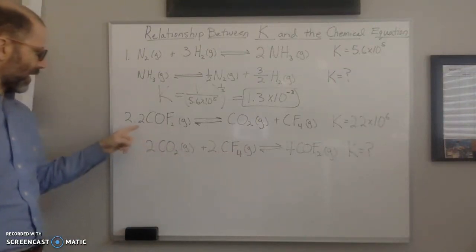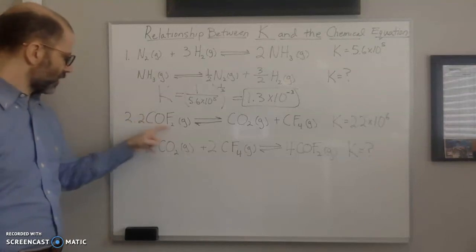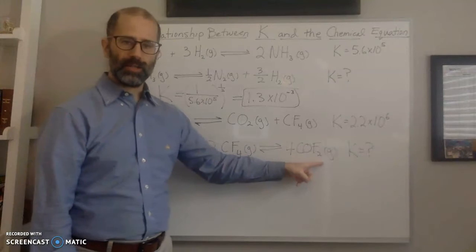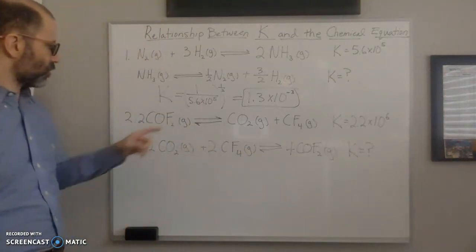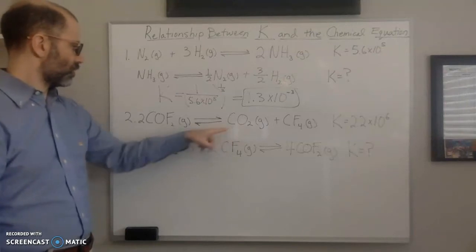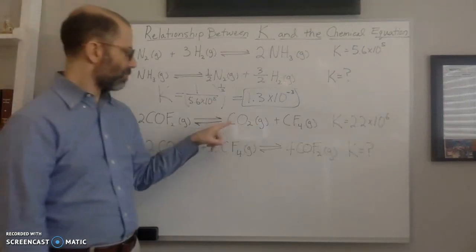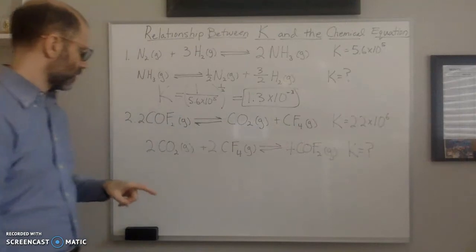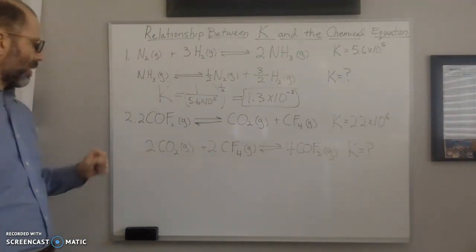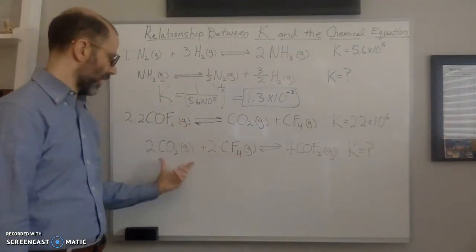Again, right away I see that I have COF2 as a reactant, and here it's a product. Also, CO2 is a product and CF4 is a product here, but they are reactants there.